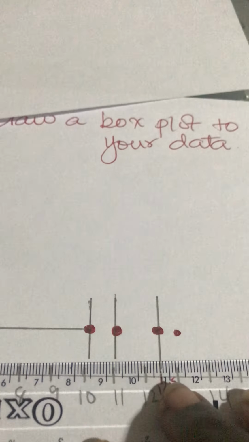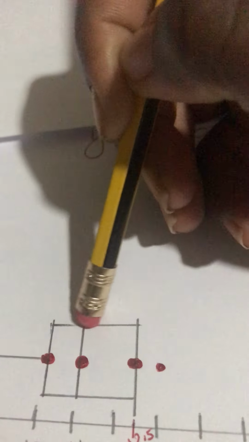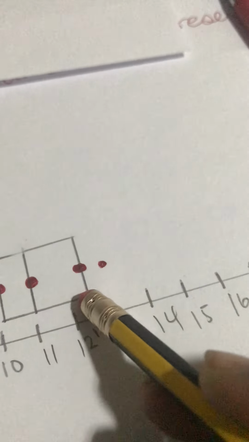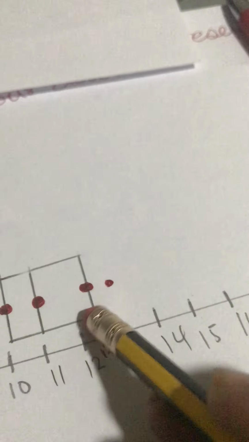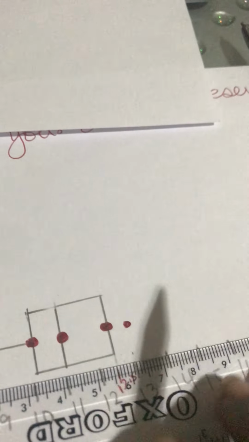Then with your ruler, you draw the box. You draw a line there, like this, and the other one on top. And you see, there is my box. Now these extra lines, I erase them to make my box neat. There is my box. And then with your ruler, you join these 2 dots together.